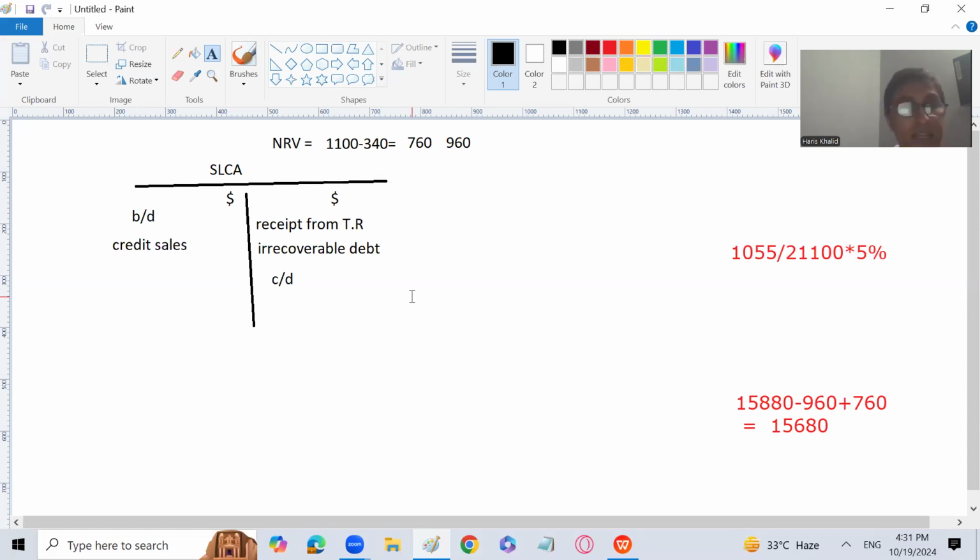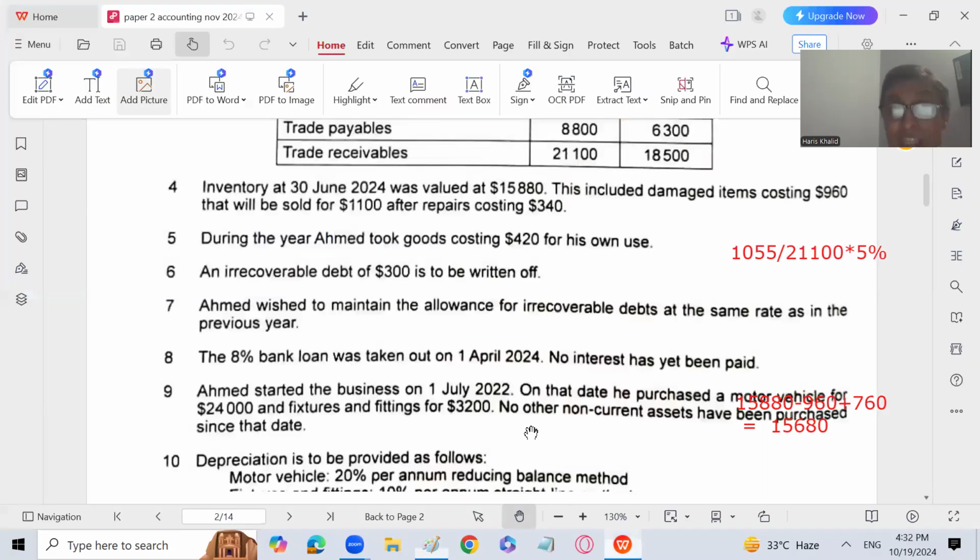Let's calculate it without the bad debts because the amount of trade receivables still includes the bad debts. This has come in 2016 also with a little bit of change. Trade receivables are 18,500.